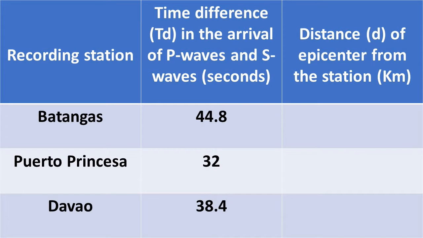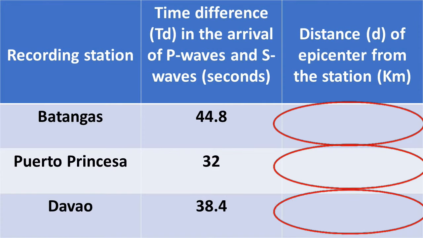In the second column are the time differences in the arrival of P waves and S waves in seconds: 44.8 seconds in Batangas, 32 seconds in Puerto Princesa, and 38.4 seconds in Davao. And the third column is allotted for the distance of the epicenter from the station in kilometers.